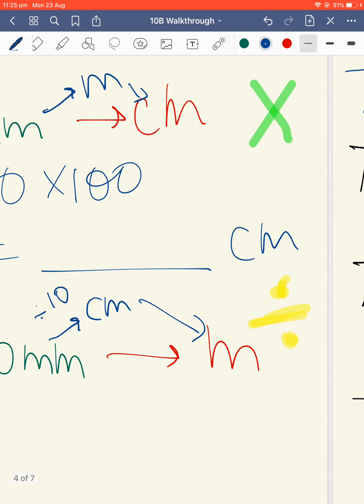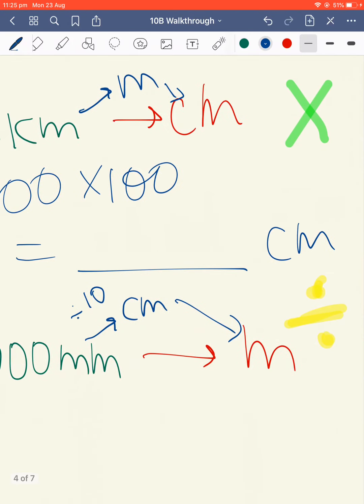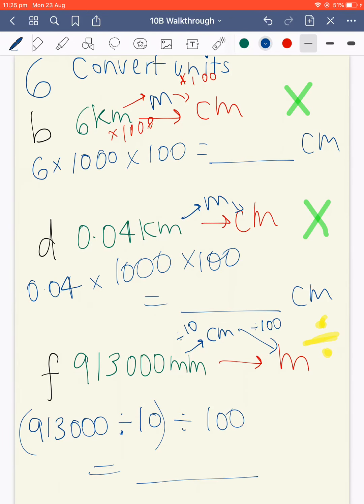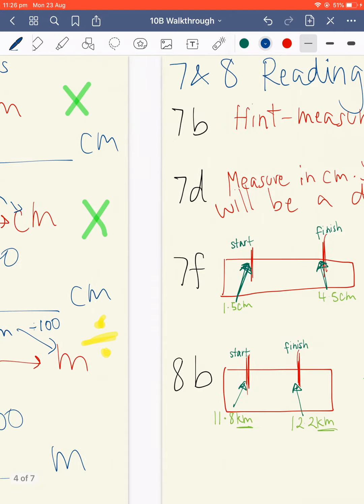And then I am also going to be dividing, to go from centimeters to meters, by 100. So here is what you're going to put into your calculator: 913,000 divided by 10. And then you're going to divide that whole number by 100. And you should get your answer in meters.